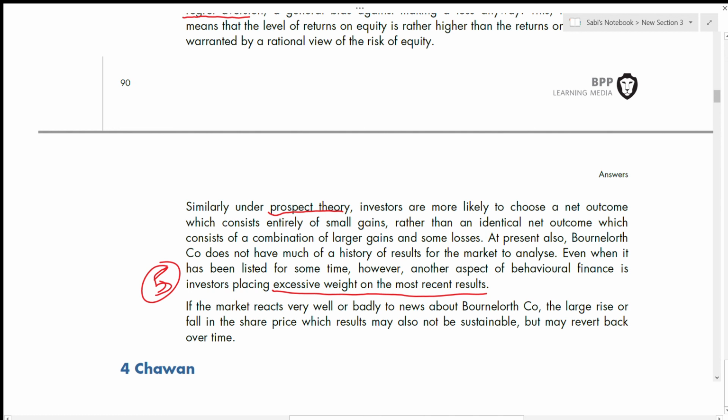See, the way the market reacts to news about a company is not sustainable. It can be very good sometimes, it can be very bad sometimes. So based on that, your share price can rise or it can fall. That rise and fall in share price is also not permanent. It's volatile. It will keep changing. Therefore, they are saying the share price will also not be sustainable, but may revert back over time.